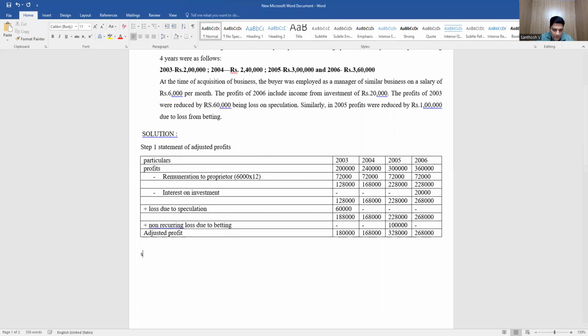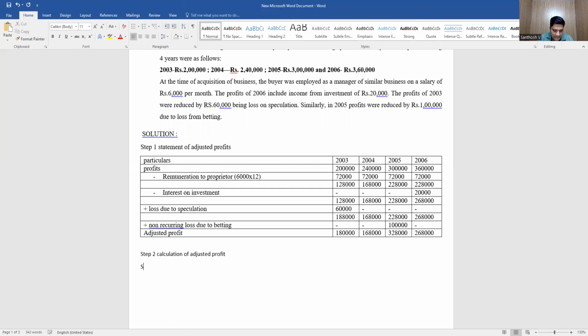And then step number 2. The heading should be calculation of adjusted profit. Under this, we need to identify the adjusted profit. So simple average method.